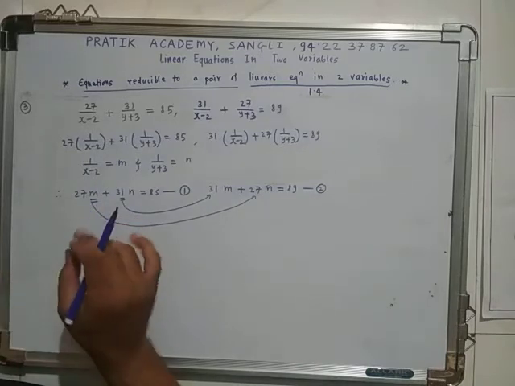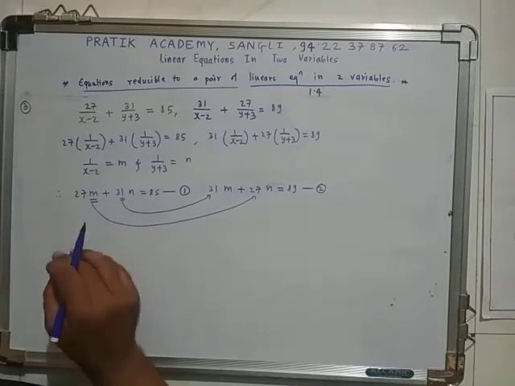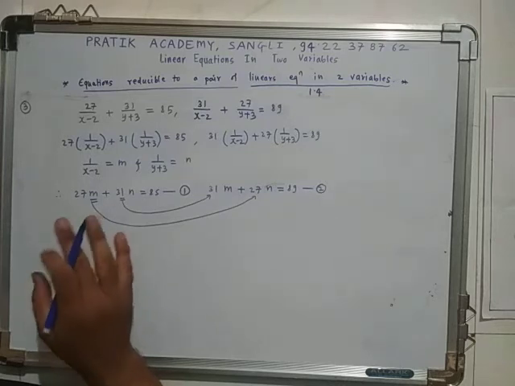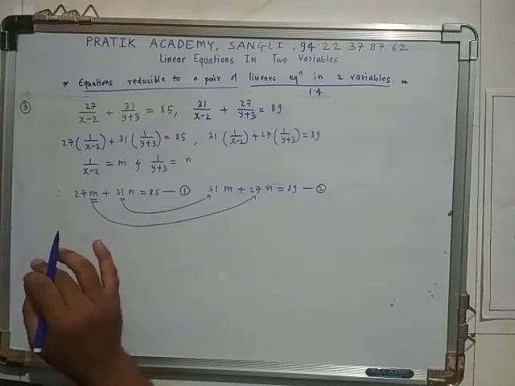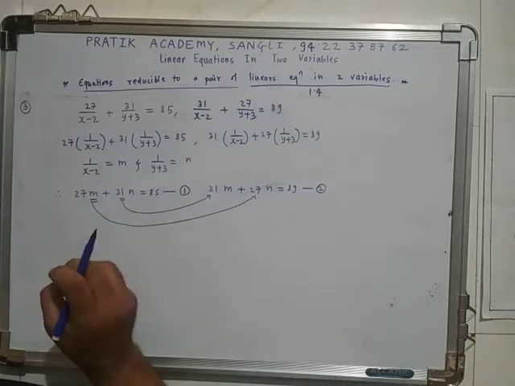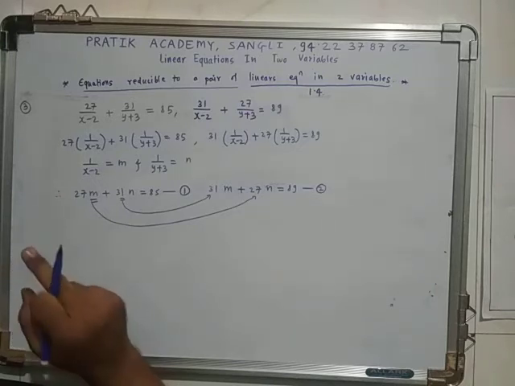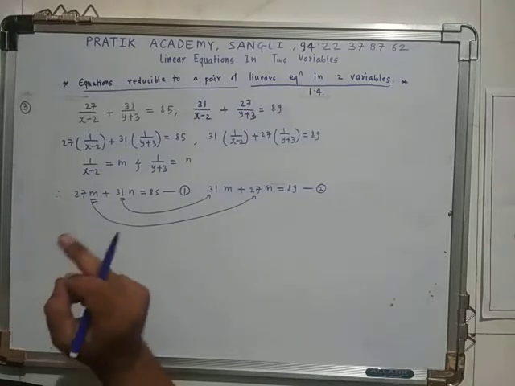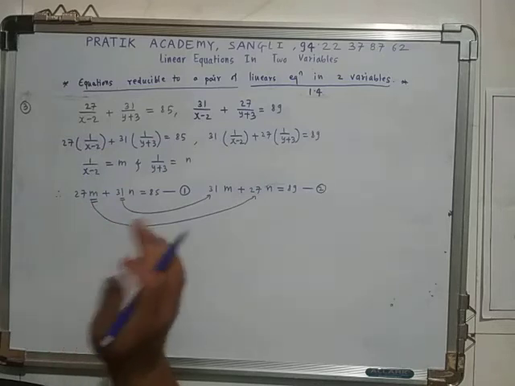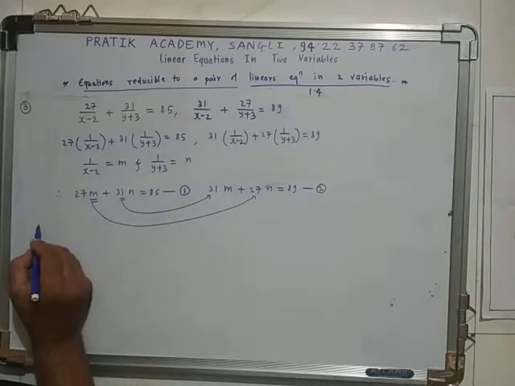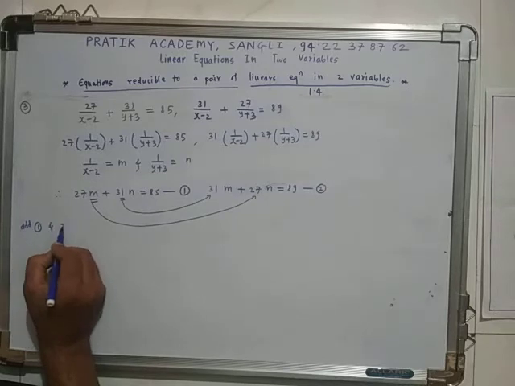We have discussed in practice set 1.1 how to solve these numericals. For that purpose we first go with addition and then go with subtraction. So let's add equation 1 and 2 first. Add 1 and 2. What will happen?